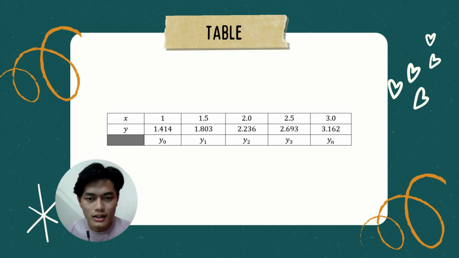So we get five values, y0, y1, y2, y3, and y4. For y, we use the formula from the previous slide, which is square root of (x squared plus 1). We get these values: 1.414, 1.803, 2.236, 2.693, 3.162.